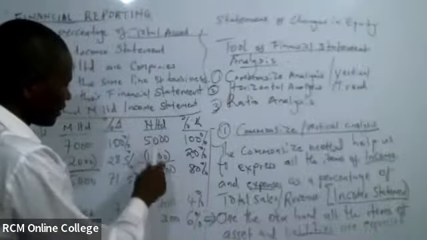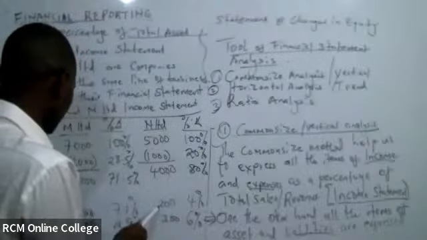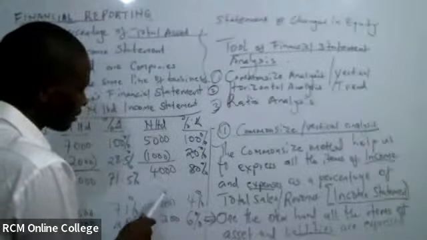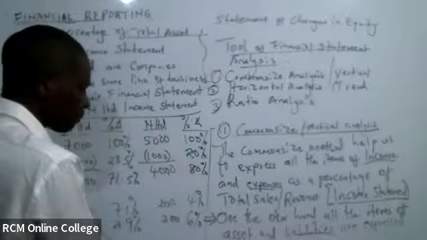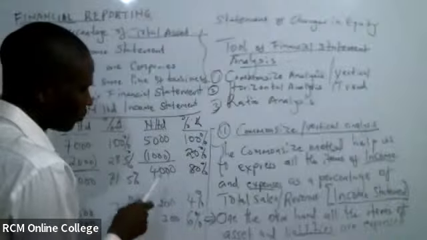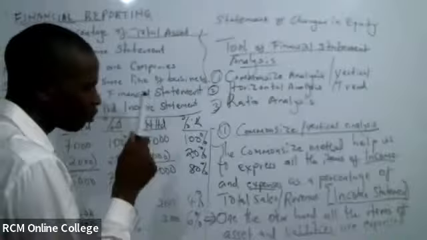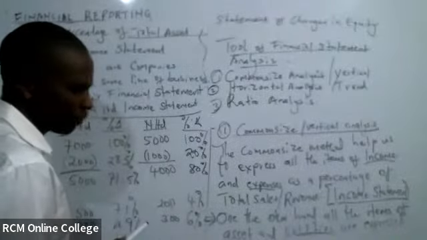Another thing is that they need to check on their admin. And as they check their admin, I know salary falls here. Salary falls where we have the admin cost. Let them not touch salary that they want to increase profit.